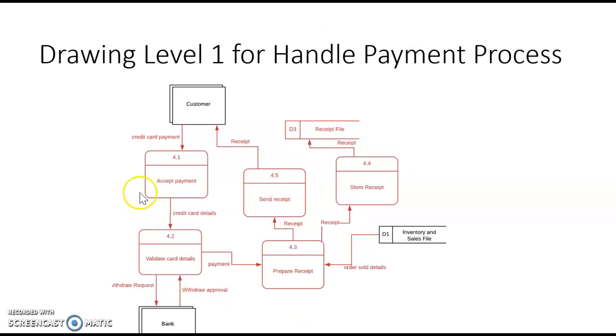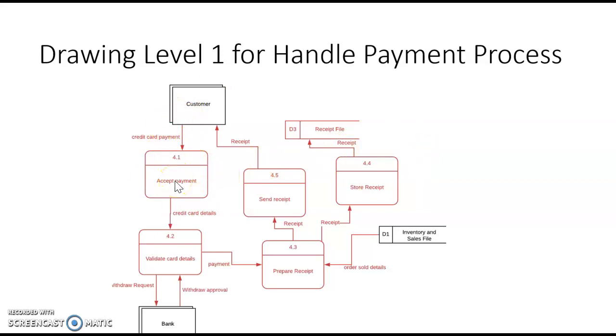Okay, so it's a little bit long one, but we made sure that we kept all the different data flows with this external entity customer, with this external entity bank, and with the data store from level 0, and this data flow that connected this data store from level 0 with my process into level 1.